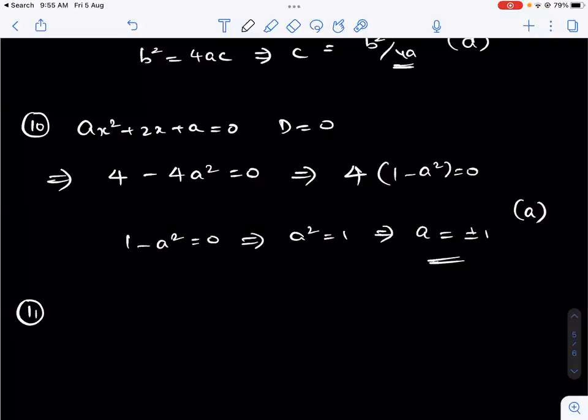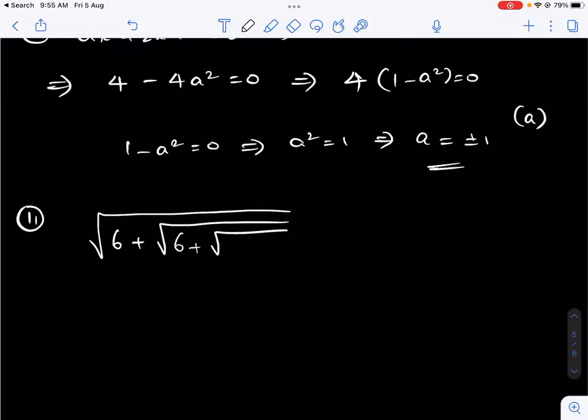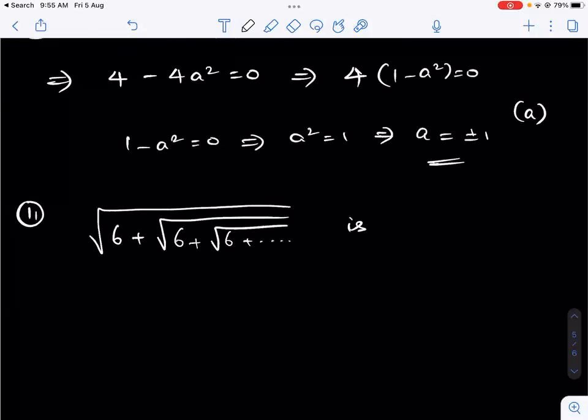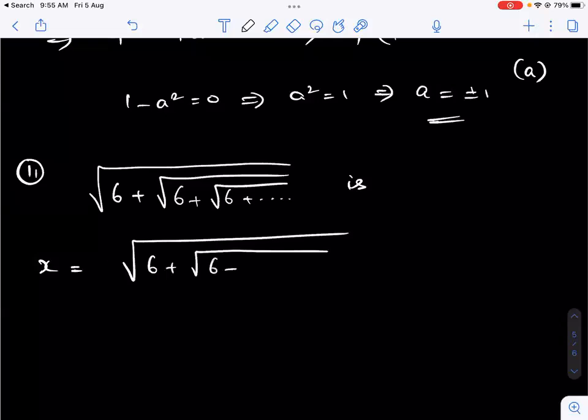Okay. 11th one, mark it as important. So root of 6 plus root 6 plus root 6 plus, it keeps on going till infinity, is how much? Okay. Let me take this as x. X is equal to root of 6 plus root 6 plus root 6 plus so on.